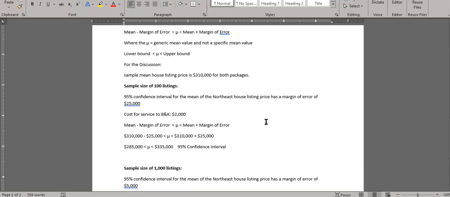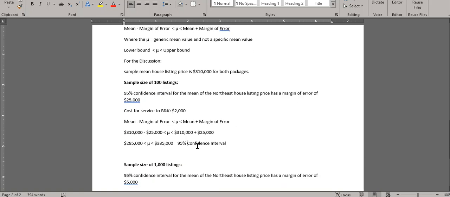So that means, think of it this way: if we did 100 different samplings of this particular analysis, 95 times out of 100, we would expect the average list price to be between 285,000 and 335,000. So you have a 95% confidence interval.